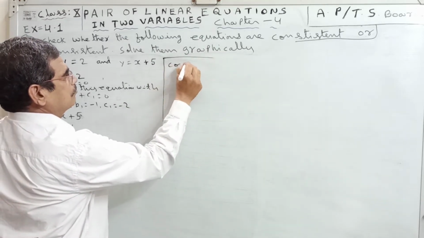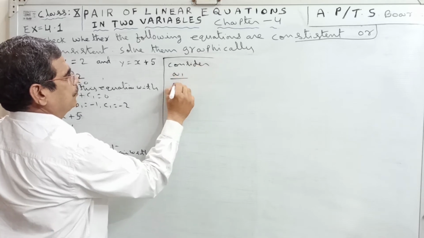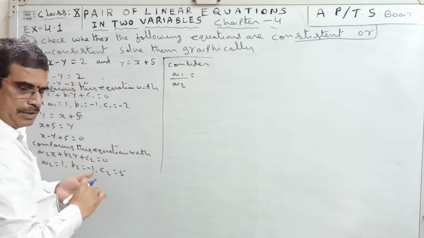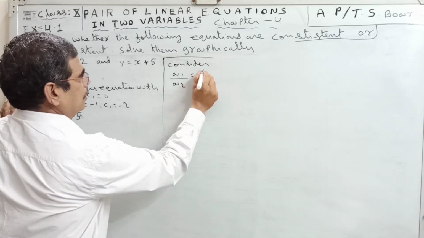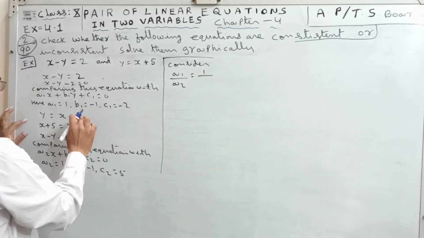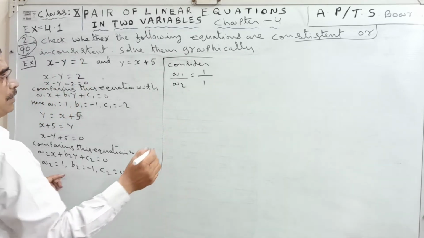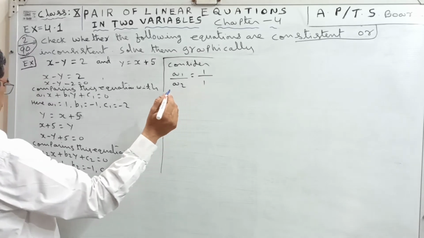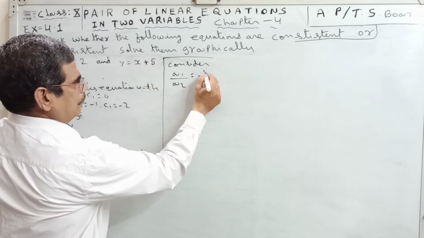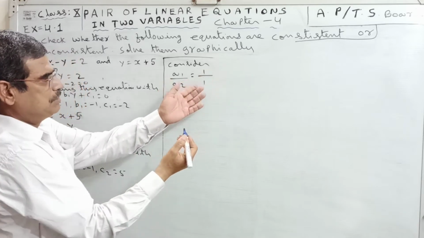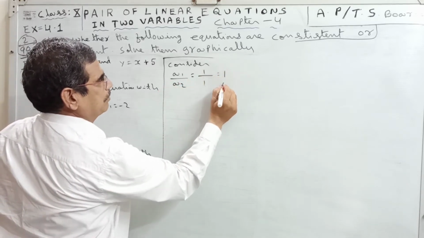Consider a1 by a2. What is the value of a1? 1. What is the value of a2? Also 1. So after cancellation, nothing is there, meaning in the denominator 1 is there, so we can write simply 1.